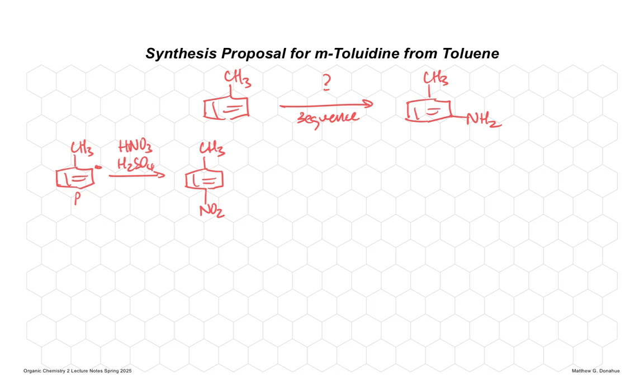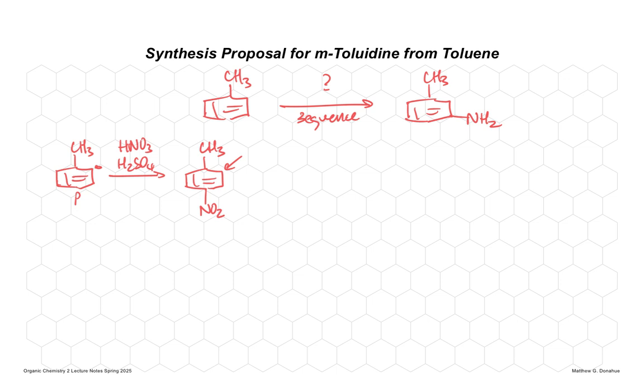So now we have this situation. We have two substituents on there, the nitro and the methyl. The nitro is going to affect the directing ability more than the methyl, but they both align. So we know that nitro is a meta-director, so it's going to push there.